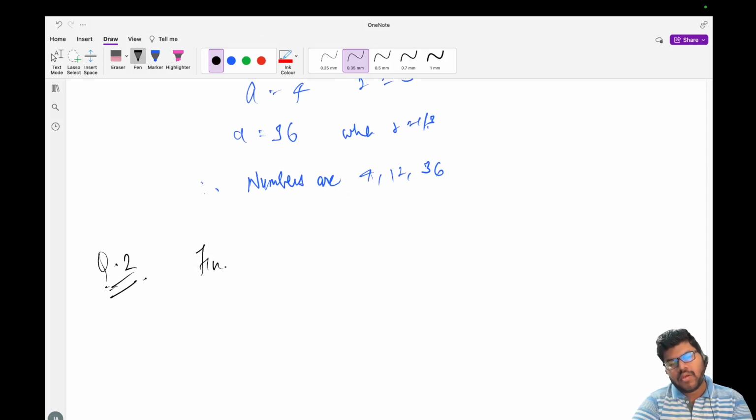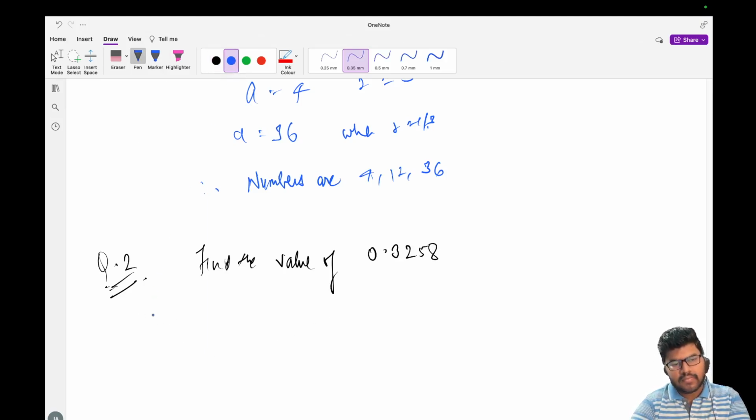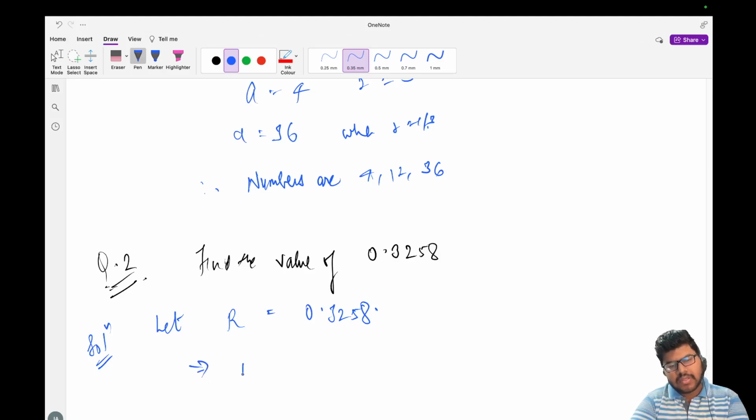फाइंड द वैल्यू ऑफ 3.3258 with 58 bar. सो देखो लेट करके चलेंगे, let r equal to 3.3258, right, then this implies r equal to 3.32585858. अच्छा यहाँ पे बार है, राइट। तो देखो 3258, 58, 58, 58 and so on.